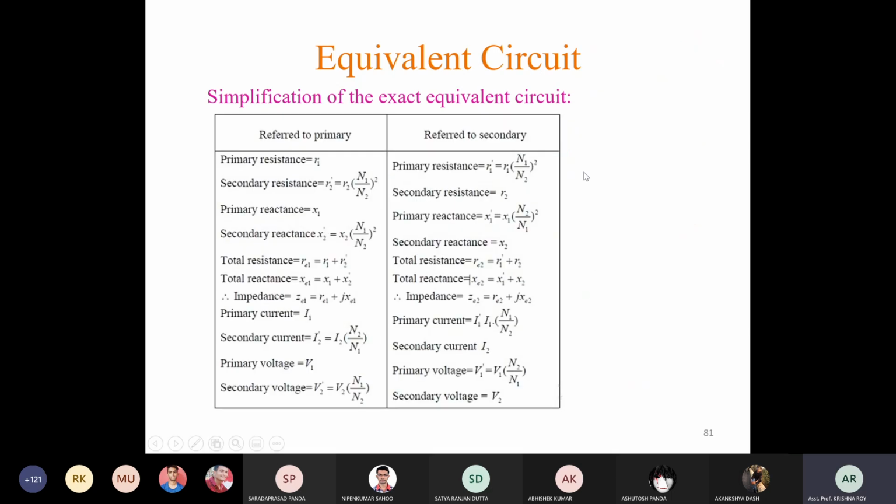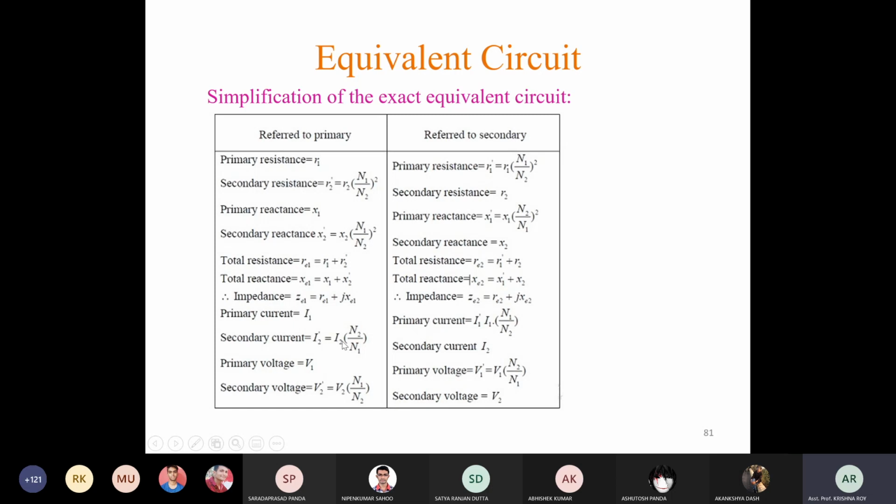So this is the table by which you can transfer all the parameters from one side to the other. While referring to primary side, the primary winding resistance is already there, so secondary winding resistance has to be transferred using this equation. X1 is already there, X2 has to be transferred. This is the total equivalent resistance of primary side, total equivalent reactance of primary side, total impedance.